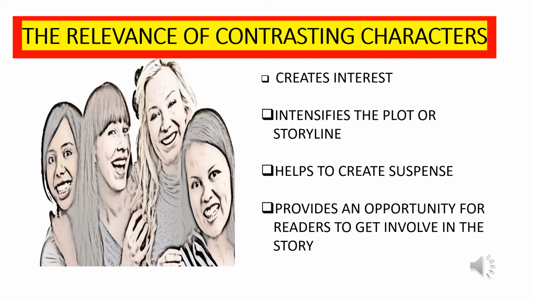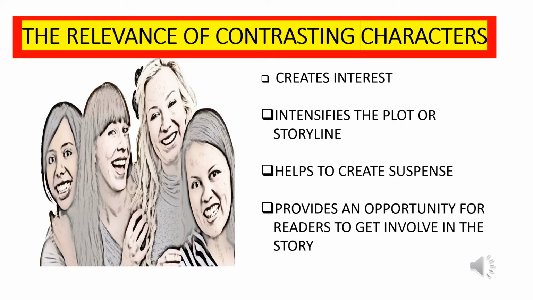So remember, we said that suspense is the withholding of information, and so now we are correct. Readers will be intrigued, interested to find out what one character will say, how one character will view a situation versus the other. And this suspense, this withholding of information, creates intrigue or interest in the story.